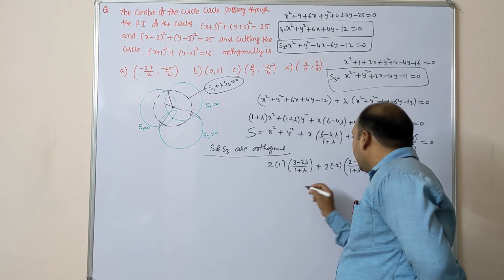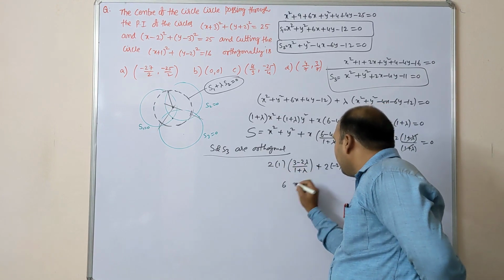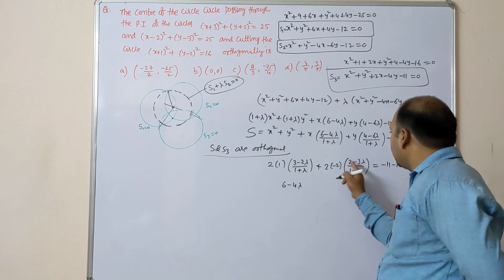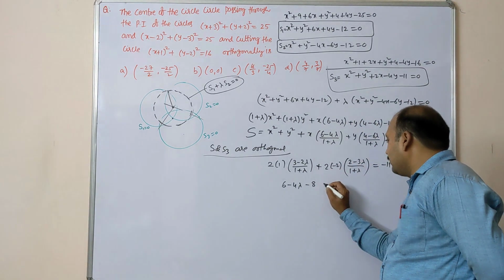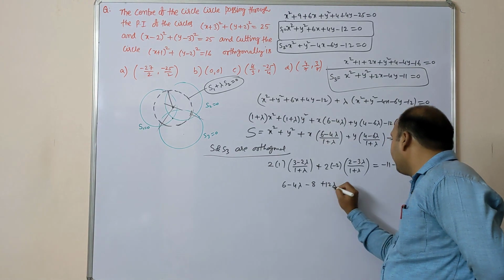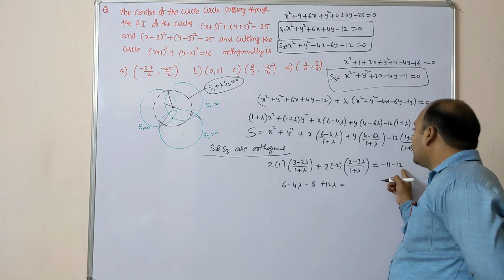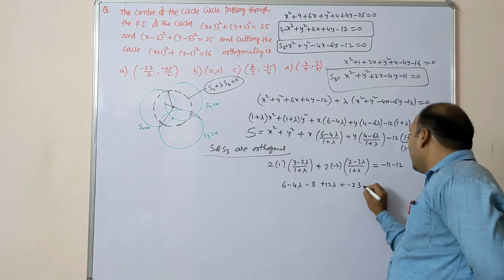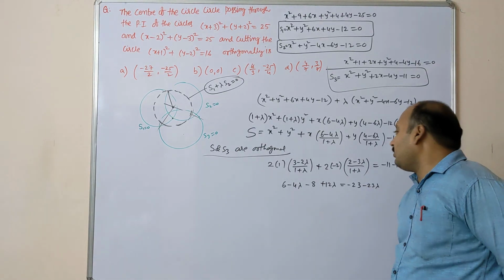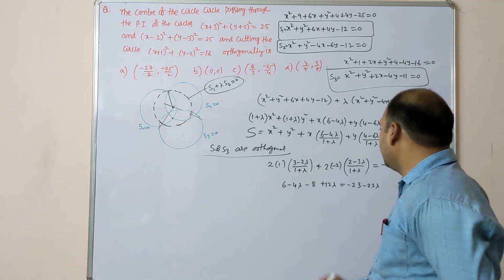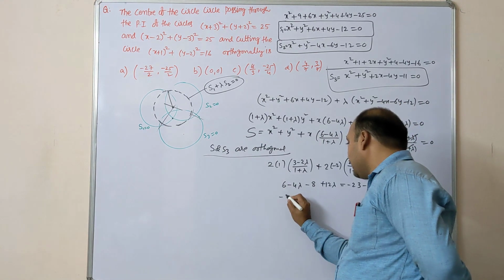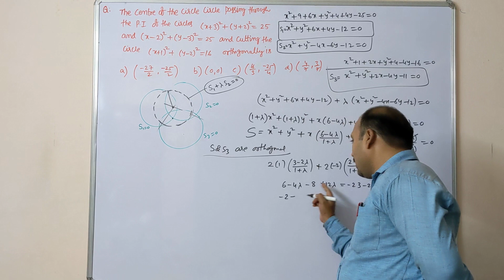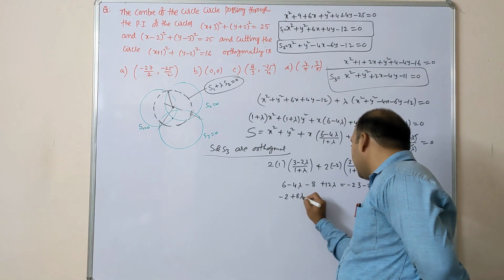So 1 plus lambda we can take this side. So 6 minus 4 lambda, minus 4 into 2 minus 8, minus into minus plus 4 into 3 is 12 lambda, is equal to minus 23 lambda. So 8 minus, here 8 minus 6 is minus 2, 12 minus 4 is plus 8 lambda.